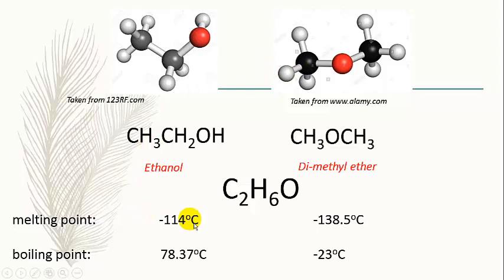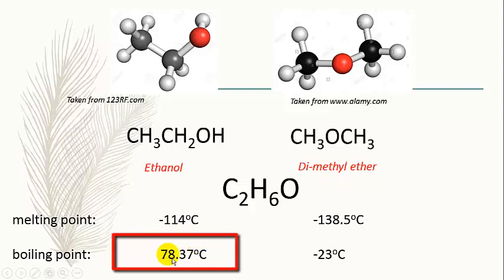Look at the dramatic changes in these physical properties. The melting point is minus 114 degrees C for ethanol. There's not much of a difference here, minus 138.5 degrees for dimethyl ether. Really, the stark contrast happens right here at the boiling point.